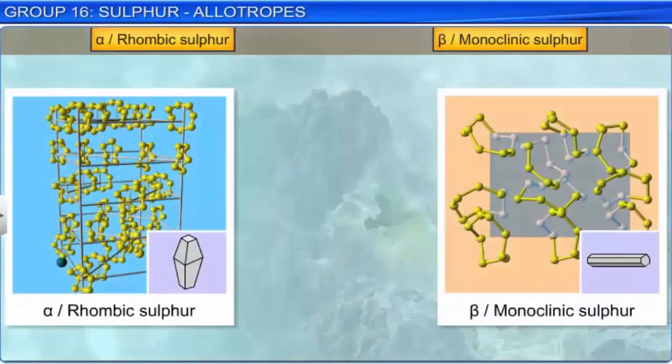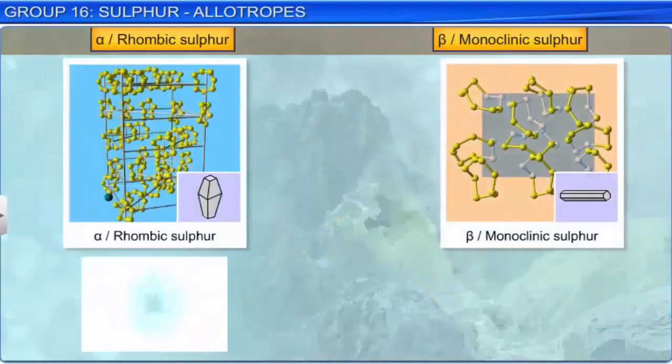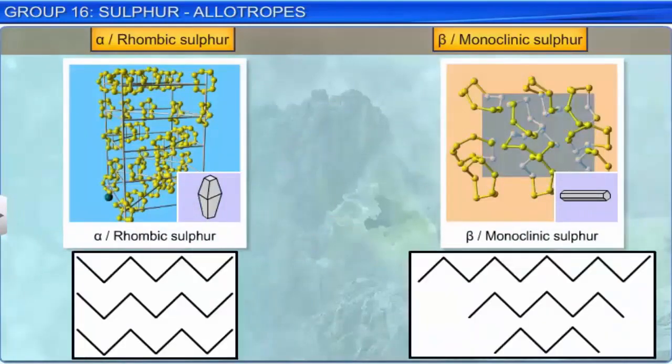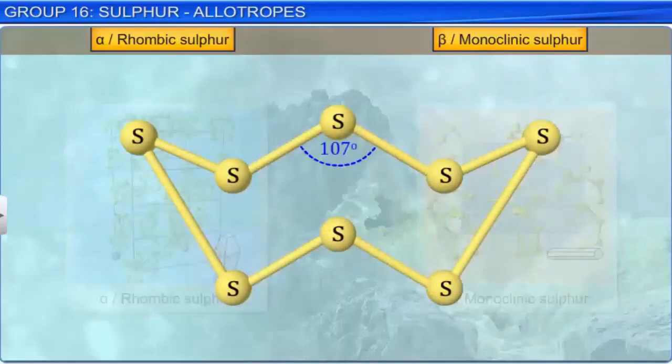Both these allotropic forms contain puckered S8 rings with a crown conformation and differ only in the overall packing of the rings in the crystal. In each ring, the atoms lie in two parallel planes, with the angles between the bonds all being 107 degrees and the bond lengths being 204 picometers.